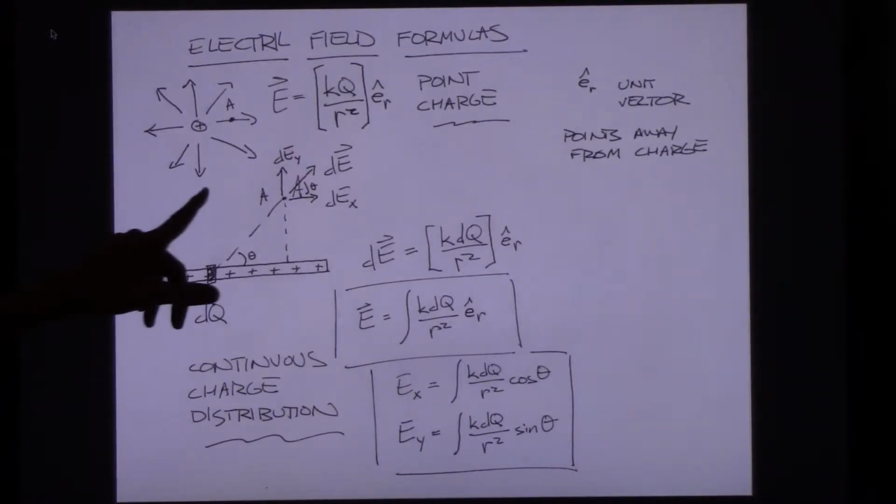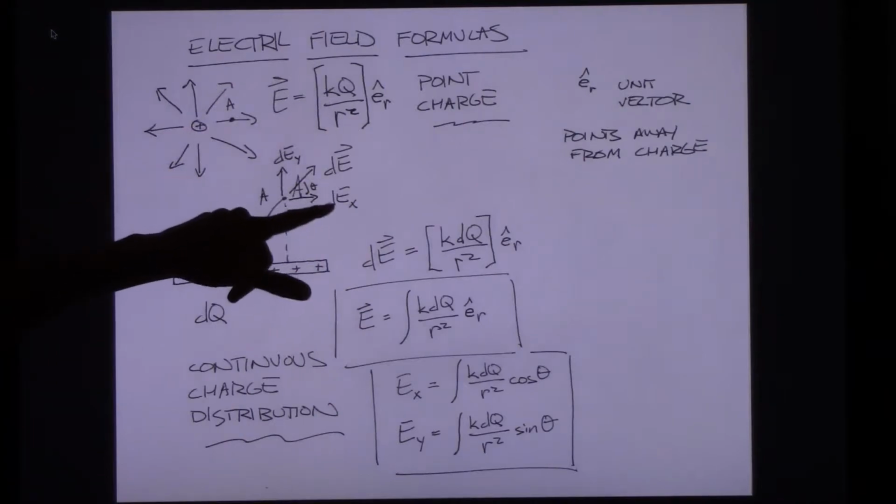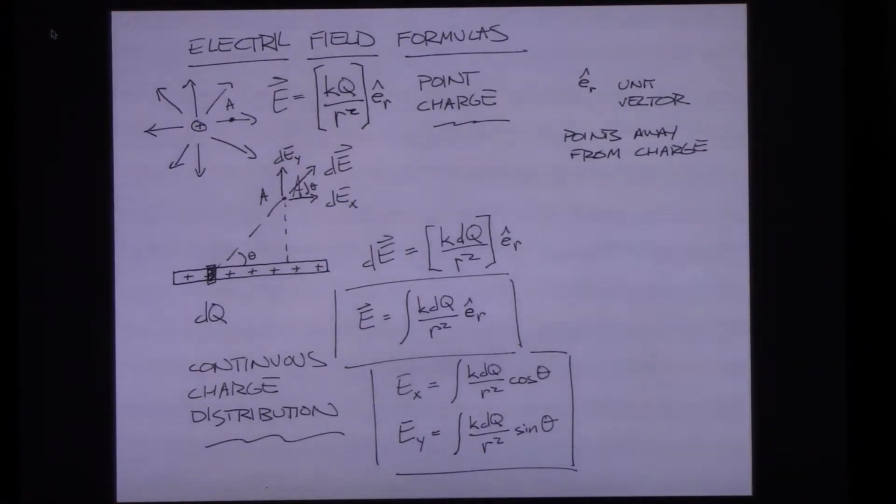Now, we showed that if I start from these point charges here, in general, we can have 2 or even 3 components of the electric field that we have to keep track of. And there's an important question we have to ask ourselves in all these examples.